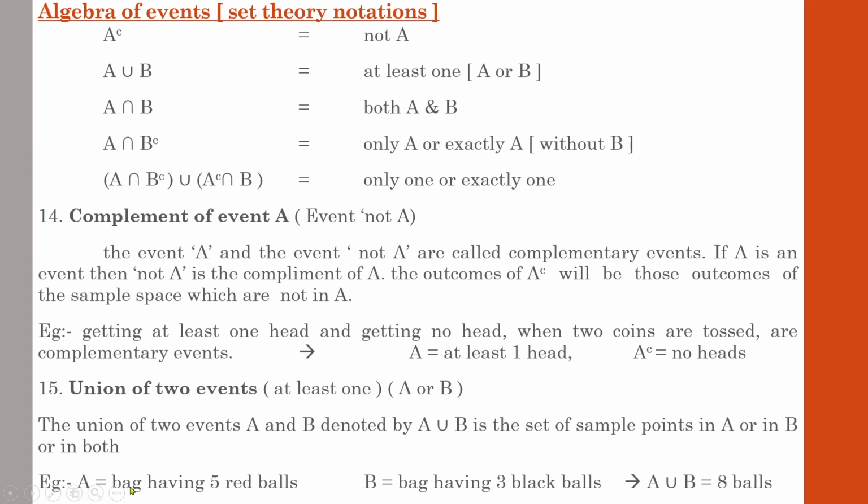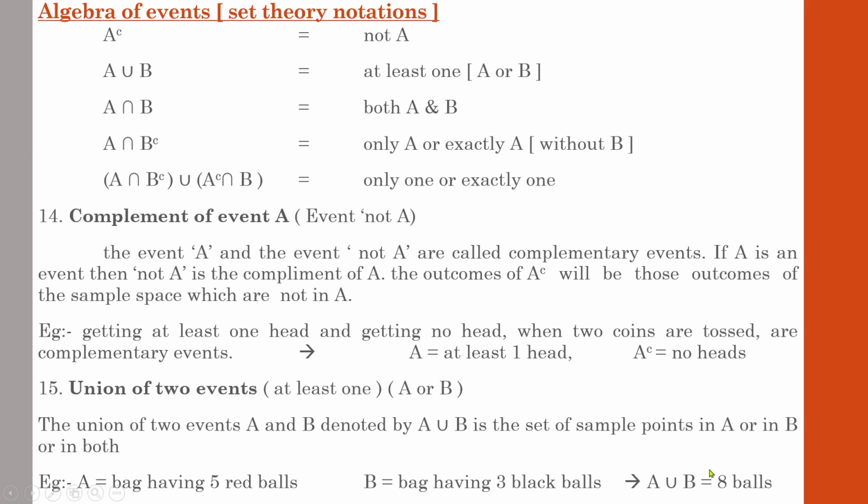For example, let A be a bag. A means a bag having 5 red balls, and at the same time the same bag has 3 black balls. So how can these events be represented? If it is represented as a union of two events, this one is one event, this one is another event. Union of two events means either a ball from A or a ball from B. So A union B means it includes 8 balls, that means 5 and 3, 8.